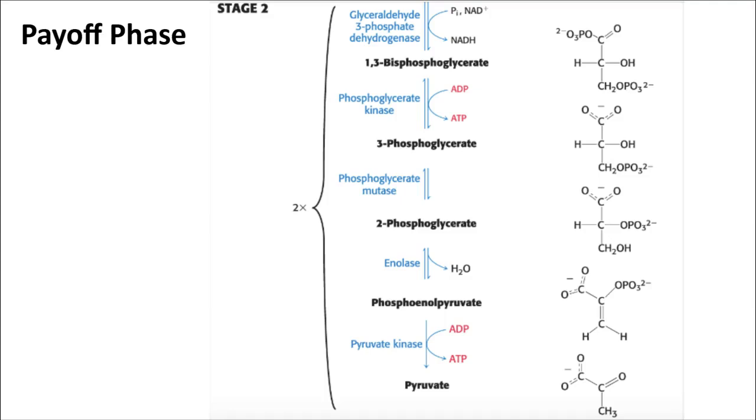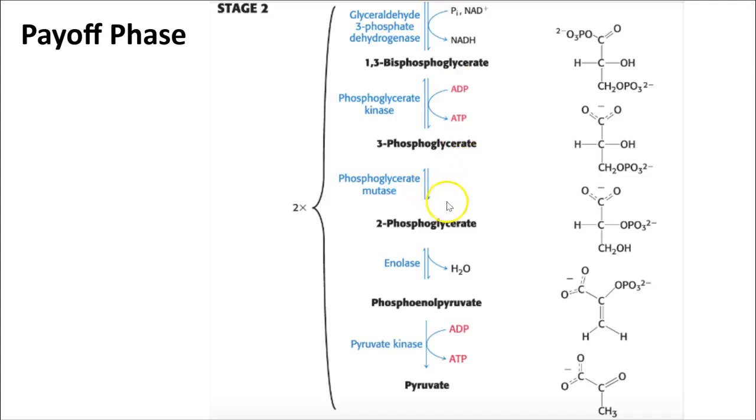Remember, we had that glycerol 3-phosphate group, 2 of them, and then it goes through transfer of a phosphate group to be attached onto the first position of the carbon, and then from there it starts having some payoff happening and transfer of phosphoryl groups to ADP to generate ATP.